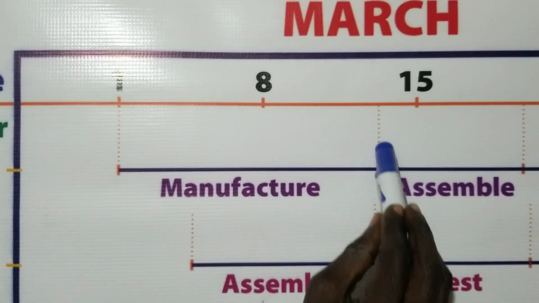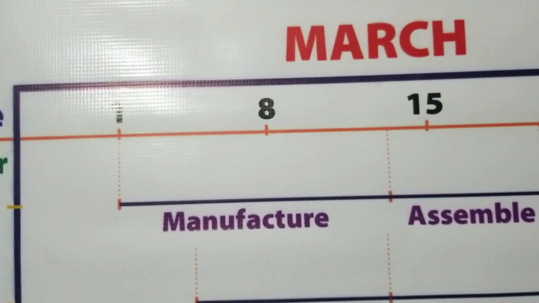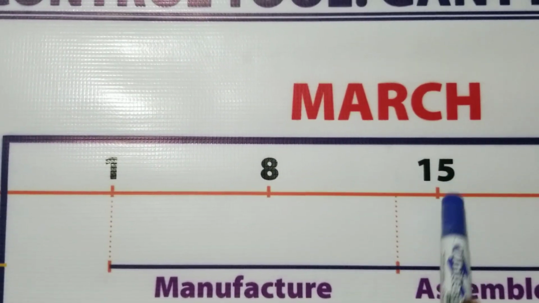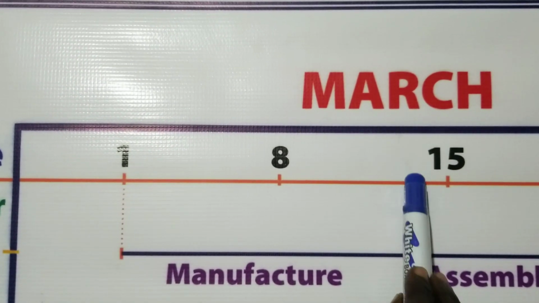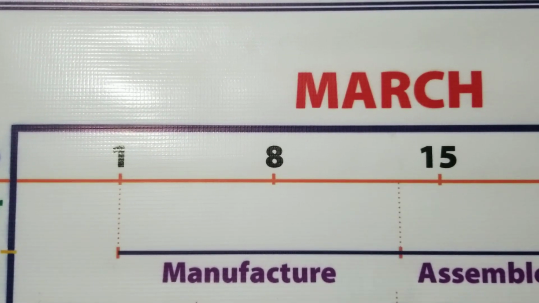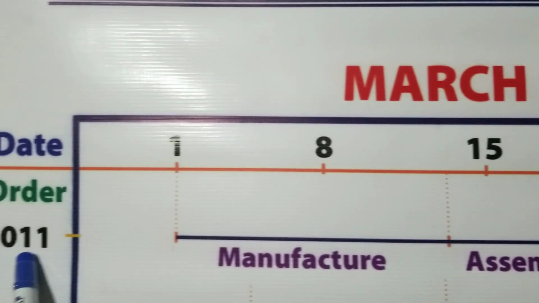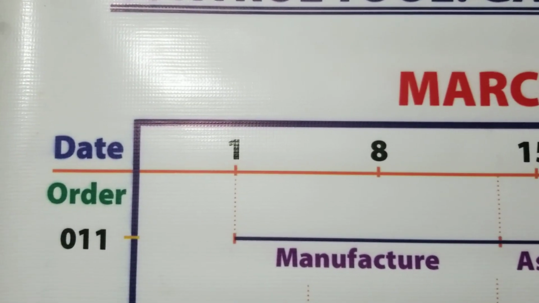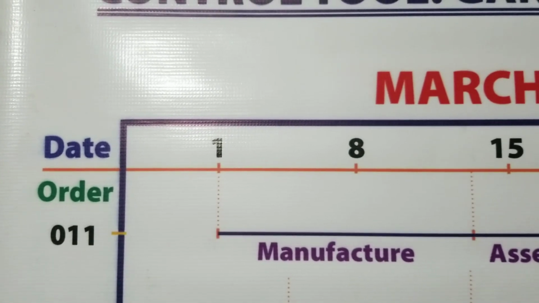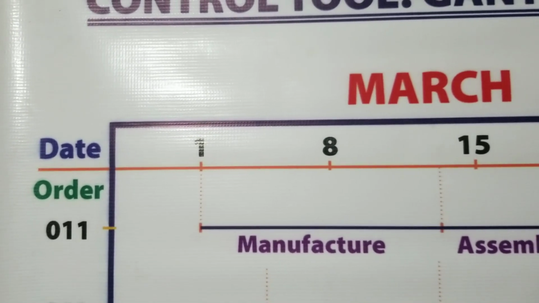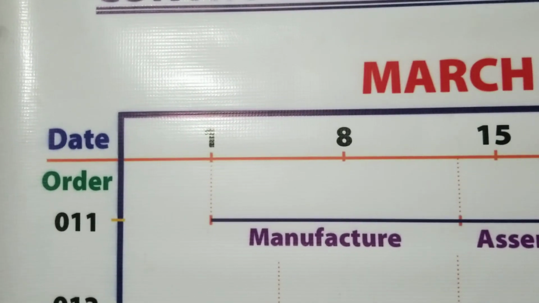If you look at this one and you trace it to this place, if this is 8th and this is 15th, then probably this point may be 13th. So all that it means is that they have scheduled the manufacturing for order 112, which is probably manufacturing of, let's say, any product you can think about. Let's say toothpaste.